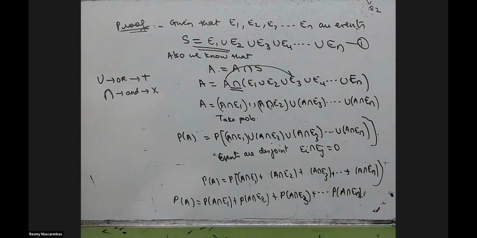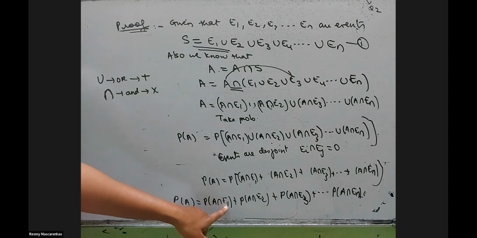Now open up the bracket, apply P to all the terms. Now the last step, P of the same. What is there in the statement? P of A intersection B can be written using the second theorem of multiplication.